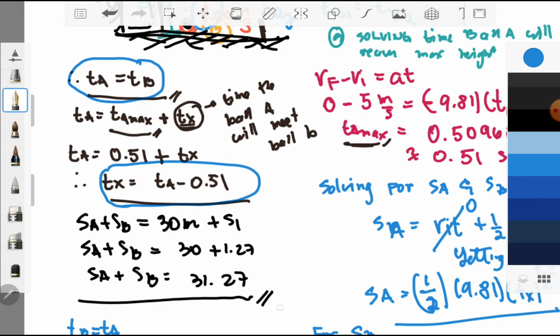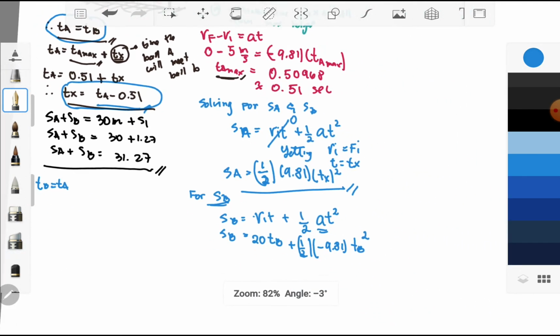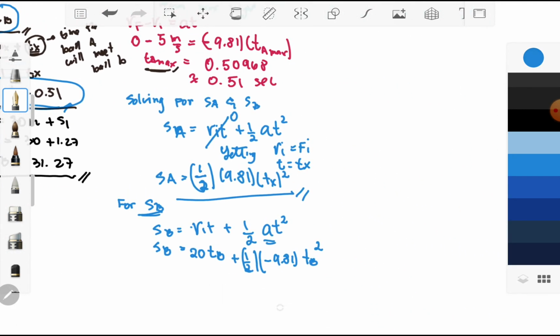The TA is the total time wherein your ball A will meet ball B. So substituting the value of your TX, which is basically equal to TA less 0.51 seconds.